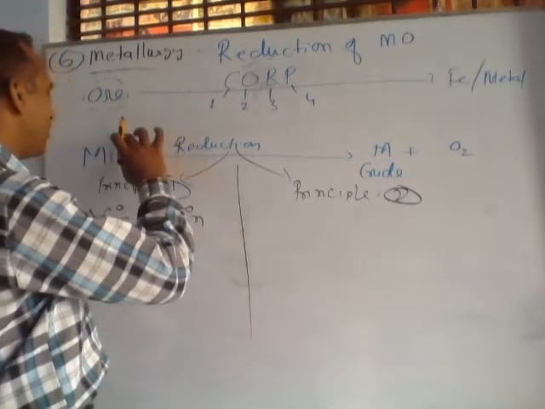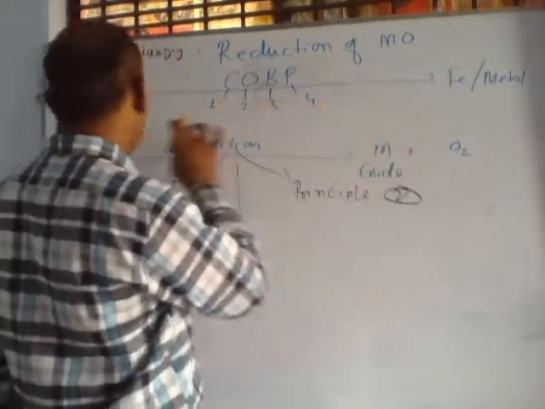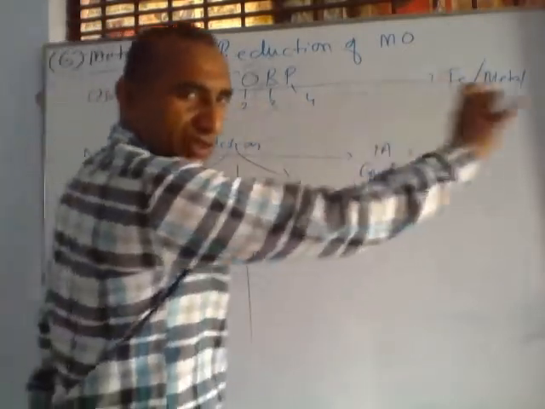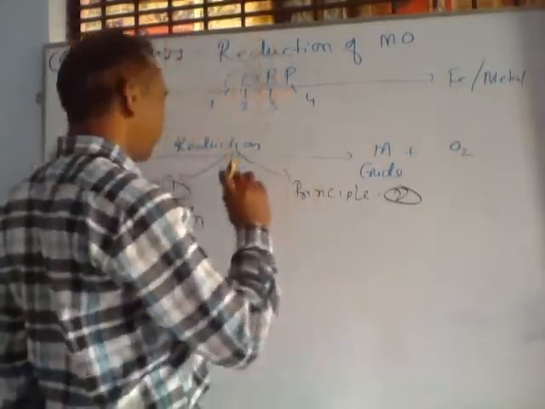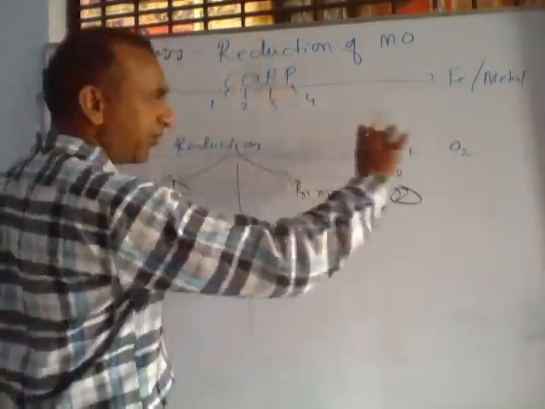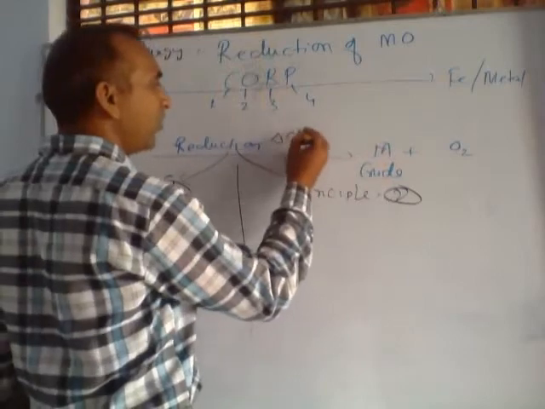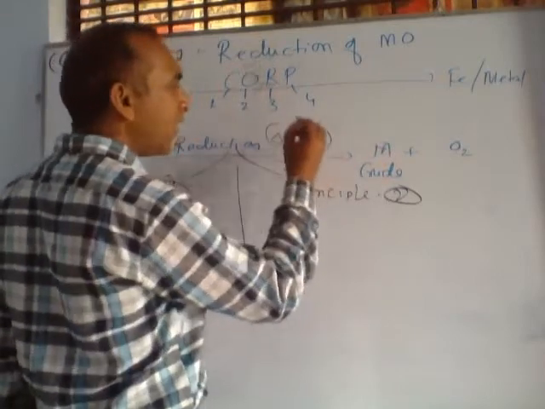If we want to remove crude metal from metal oxide, this reaction should be in the forward direction. For the reaction to take place in the forward direction, the value of del G naught should be negative.